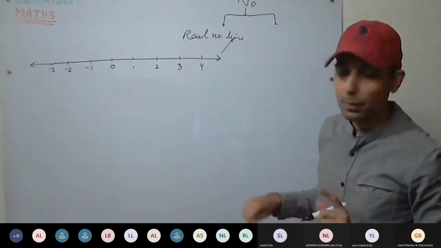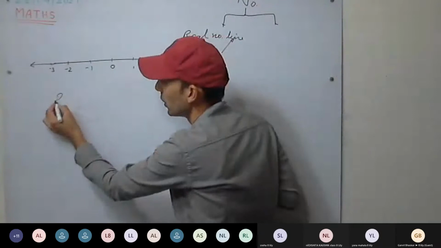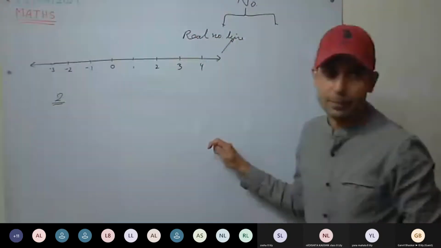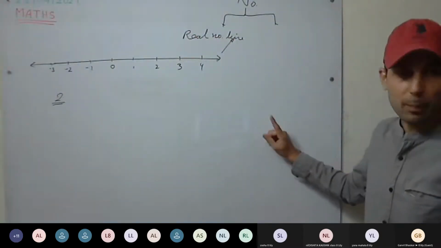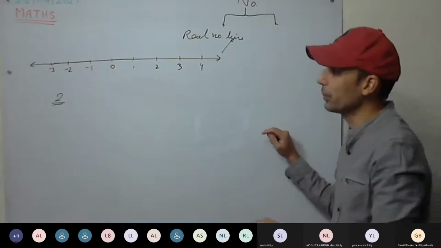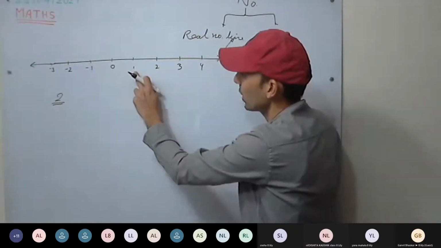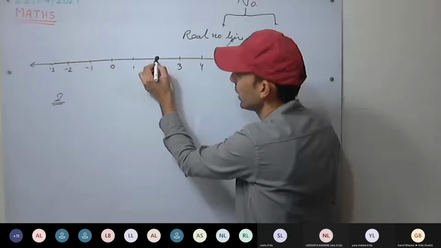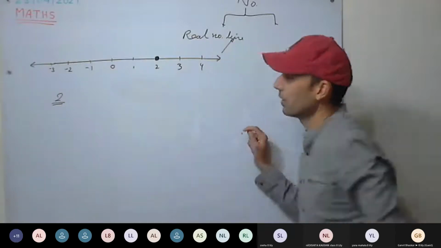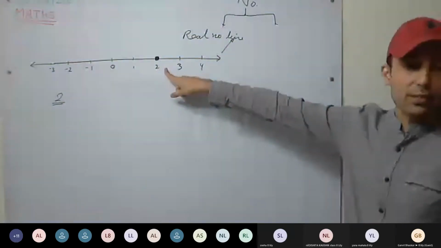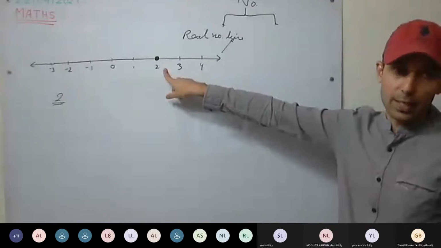Now, for example, the question is you have to represent 2 on the number line. How are we going to represent it? So it is 0, 1, 2. 2 is here. We will make a circle and fill it. So we have represented 2 on the number line.